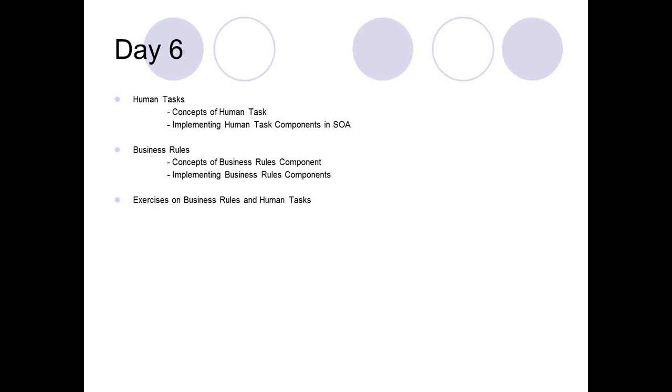Then we will talk about business rules. Business rules are the component which keeps the volatile rules of an organization. I can give you an example. Suppose I have a rule where I say if a customer is a platinum customer, give him 10% discount. Tomorrow, this rule can change, right? Because depending upon the season, I say, okay, now let's make it 15%.